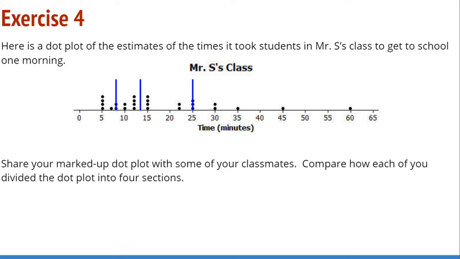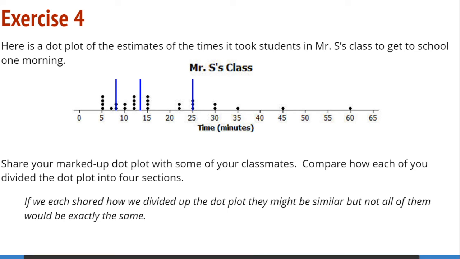So I'd like you to think about my dot plot. What did I do differently from you? We probably are going to find that we'd have a variety of dot plots. They wouldn't all look the same. There might be some similarities, but they're not going to be exactly the same.